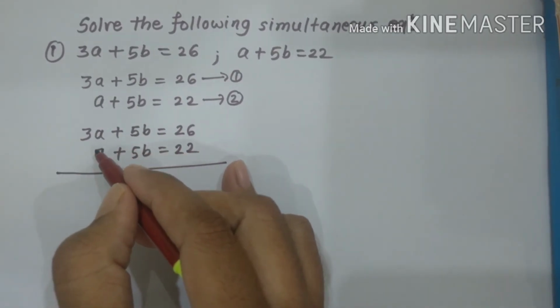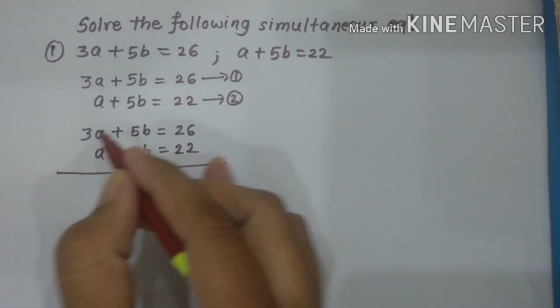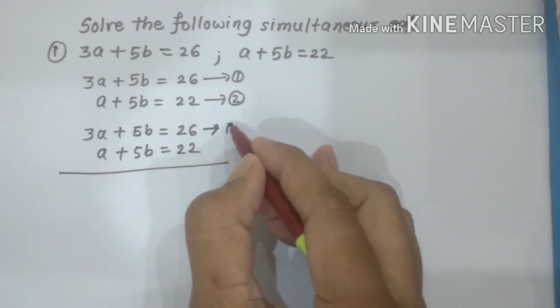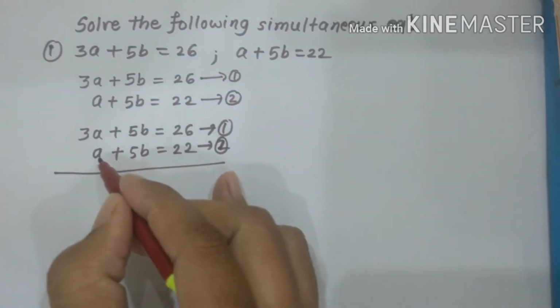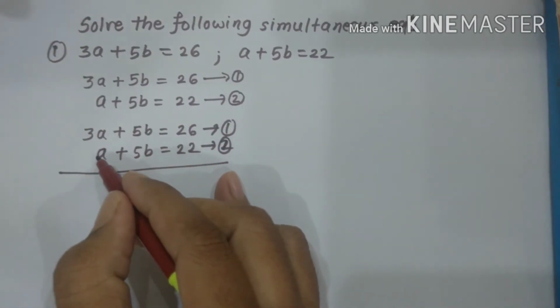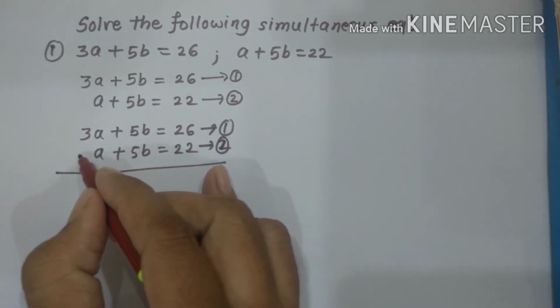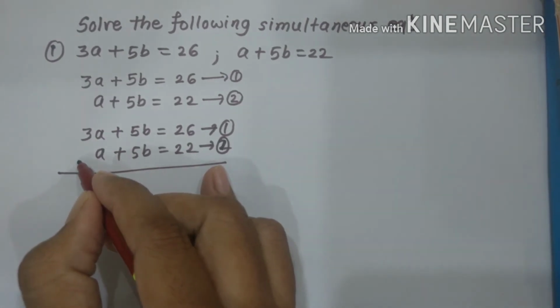Here one thing should be noted down. If we subtract the second equation from the first equation, the sign of the second equation is changed. It means that if here is a plus sign it will become a minus sign.